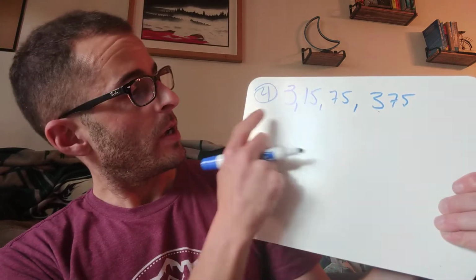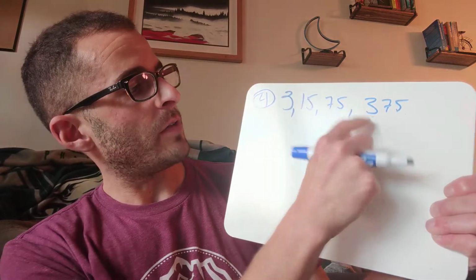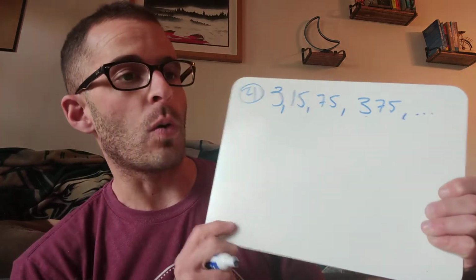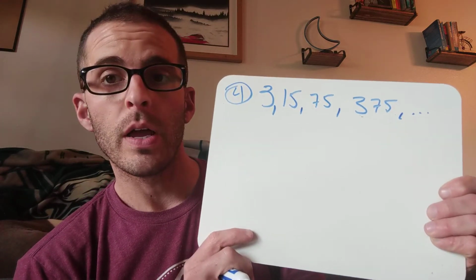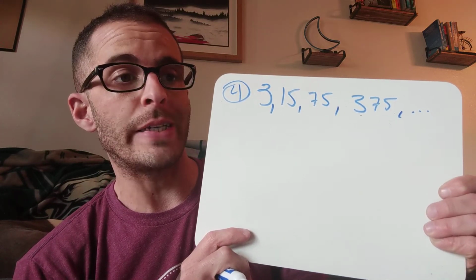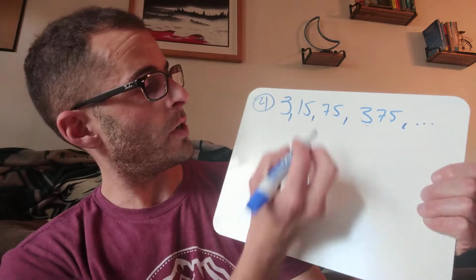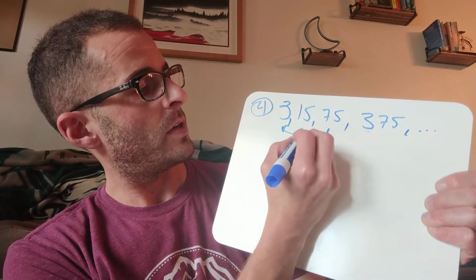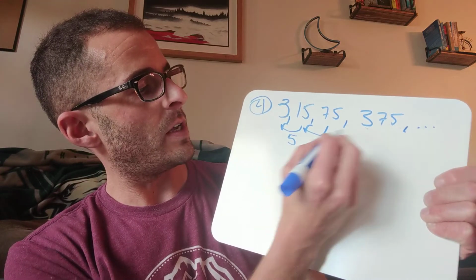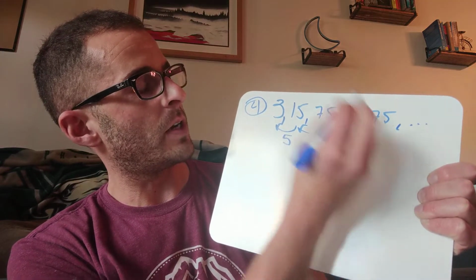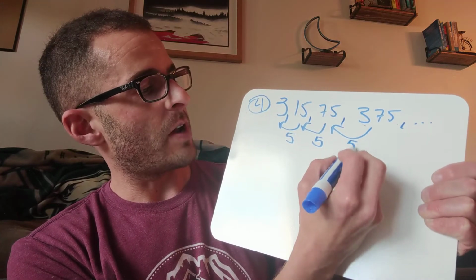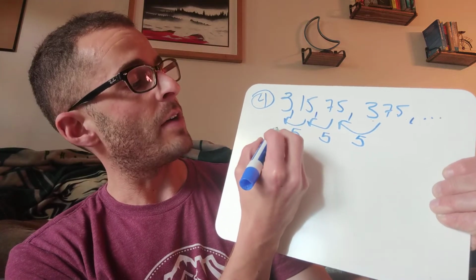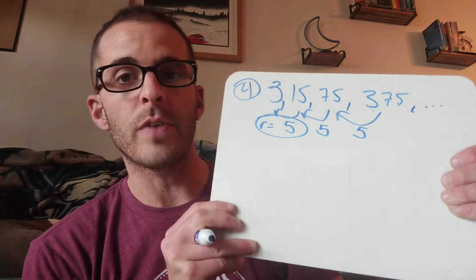Number 4 is 3, 15, 75, 375, and so on. The directions are to write a rule and to find a sub 9. First, let's do 15 divided by 3, and that's 5. 75 divided by 15 is 5, and I checked with my calculator. 375 divided by 75 is 5, so my common ratio is 5.